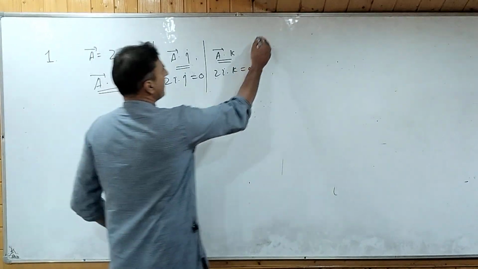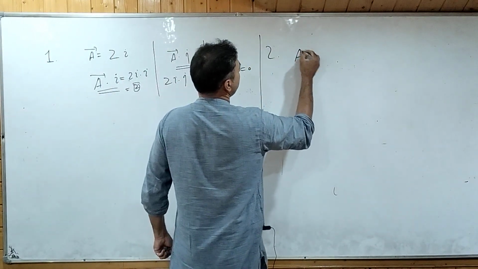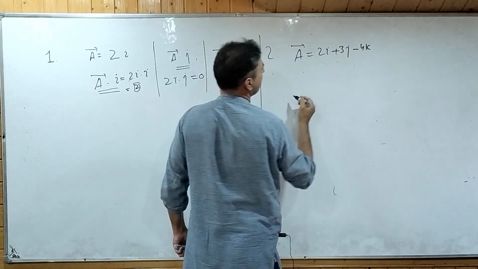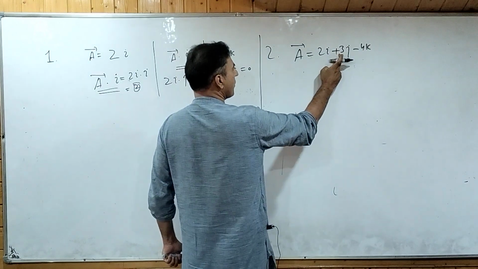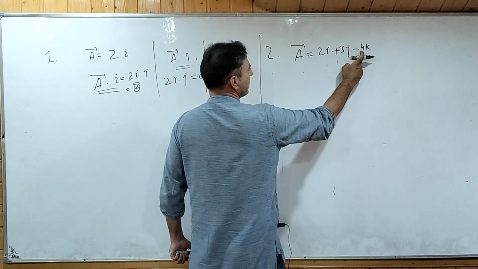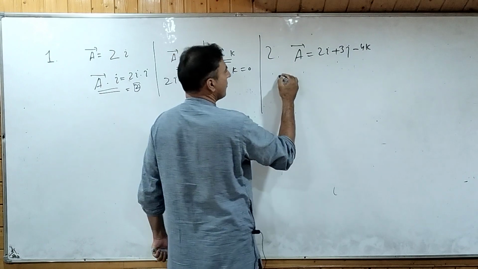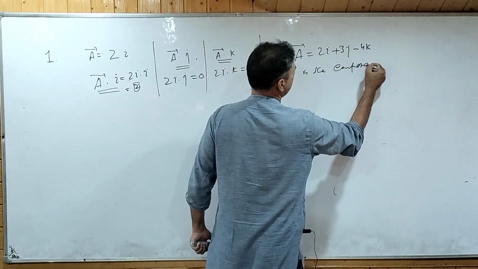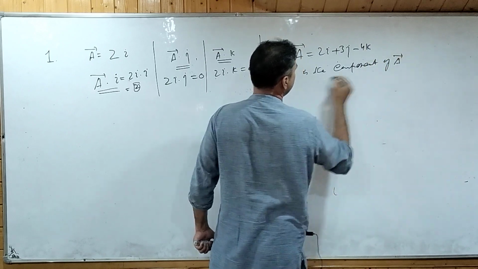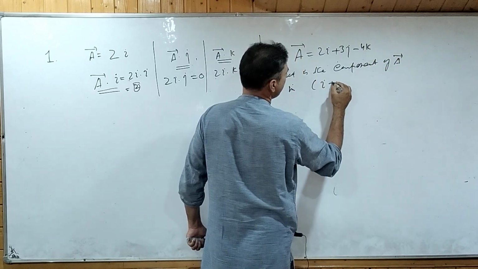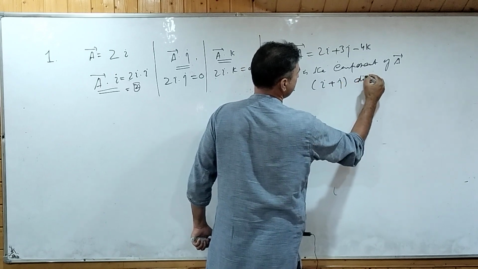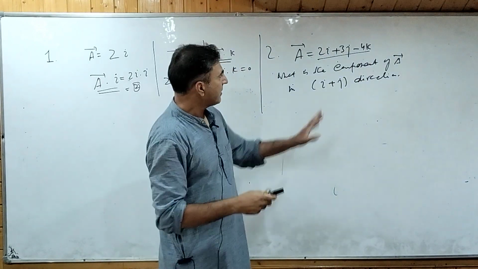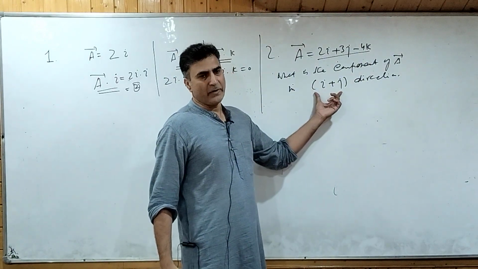फॉर एग्जांपल सपोज यू हैव vector A is equal to 2i plus 3j minus 4k. x component is 2, y component is 3 and z component is minus 4. So the question I will ask, what is the component of A in i plus j direction? इस वेक्टर का क्या कंपोनेंट है?